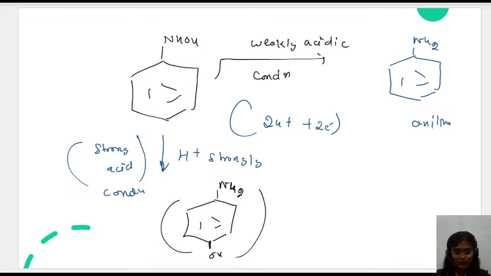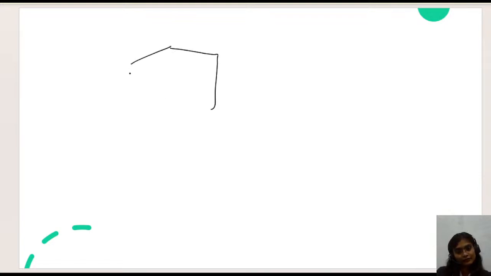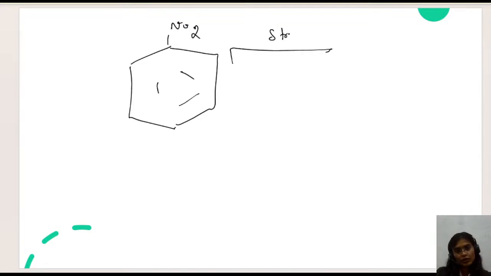So yeah, the next question for you. I'm not mentioning the dominance here. This is NH2. If strongly acidic condition, NH2 is the common point and OH is connected here.